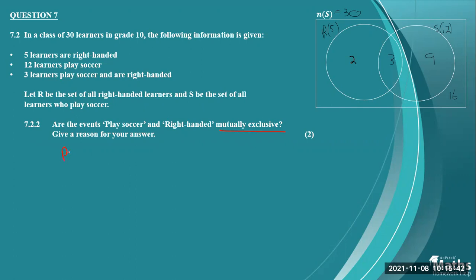So for example, the probability of play soccer or right-handed, if it's mutually exclusive, it will be equal to everyone playing soccer plus everyone that's right-handed.